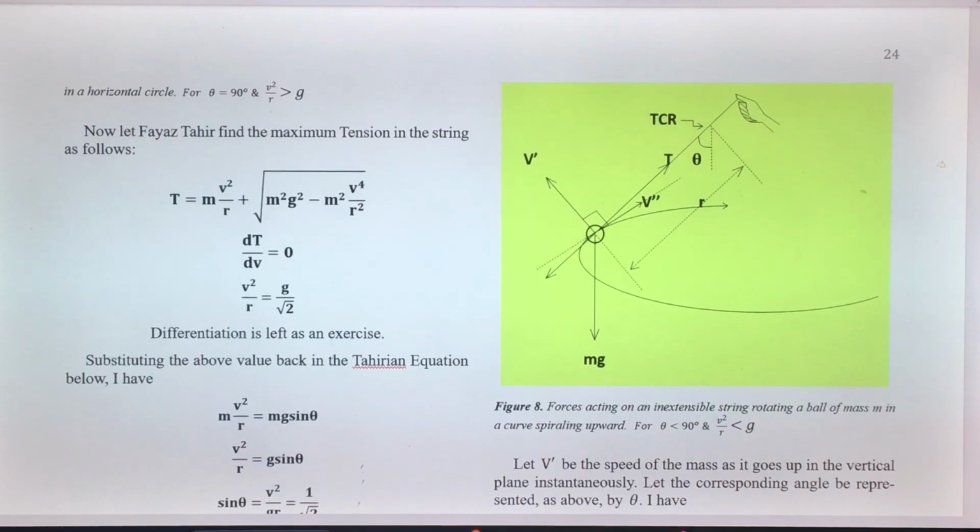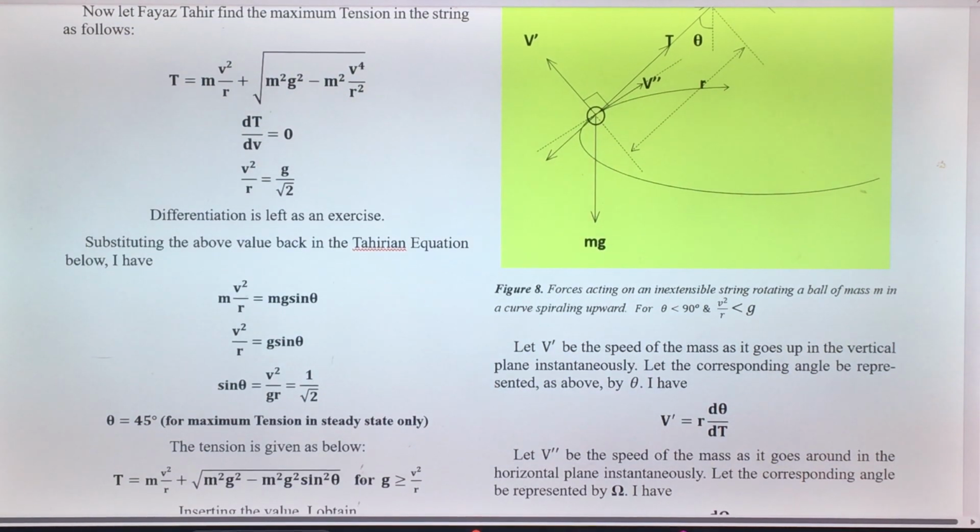I mean into the plane of the paper. So V prime is perpendicular to the plane containing V prime and TCR. V2 prime is the force in the plane containing V prime and V2 prime. Both planes intersect at the mass.